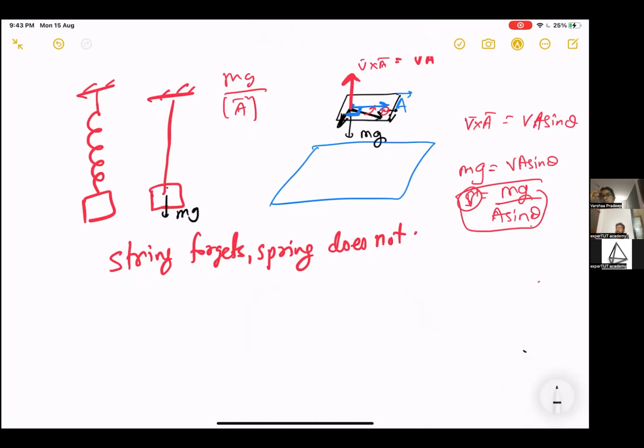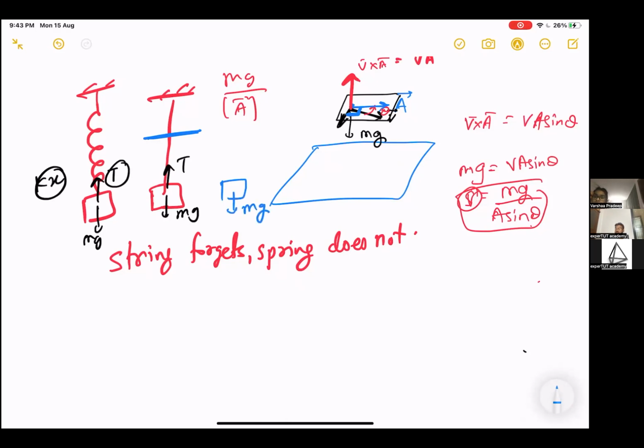This is mg and this is T when connected. This is mg and this is kx, or T, whatever you want to call it. If you cut this, at this point, the string will forget the tension. Just after cutting, if you draw the FBD of this block, there will be only mg.